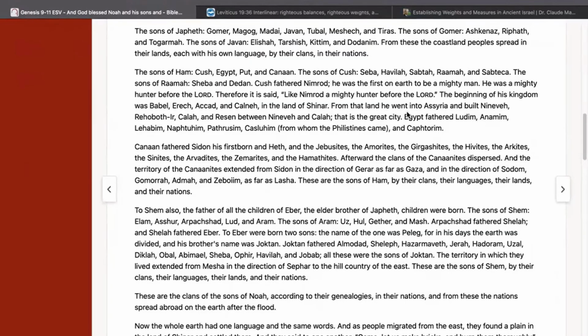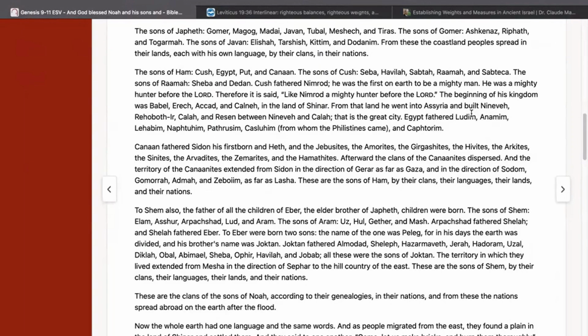From that, he went into Assyria and built Nineveh. Right, the Assyrians, they take over the northern kingdom and they aggress the southern kingdom of Israel. Nineveh, Jonah has to go to Nineveh to preach to them, or he warns them that God's going to judge them.